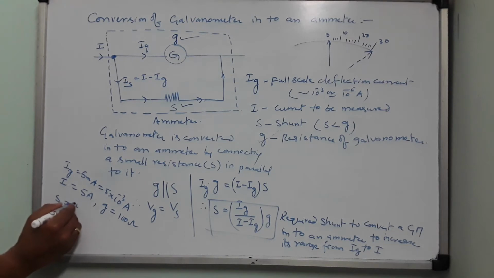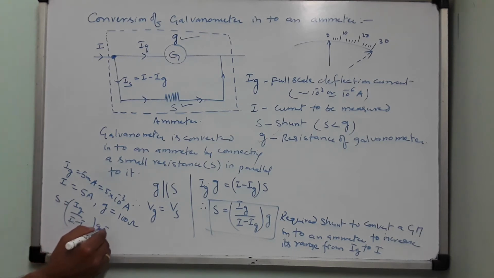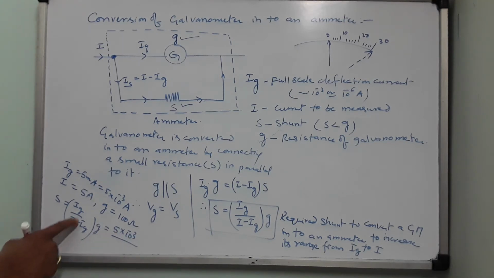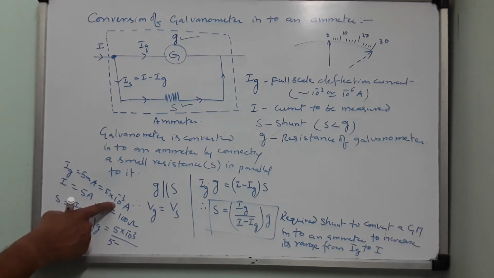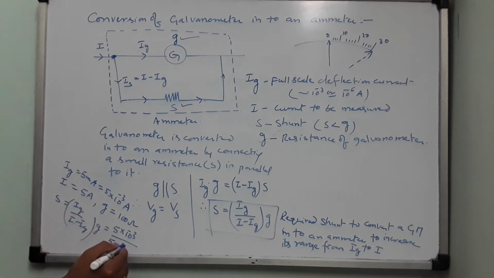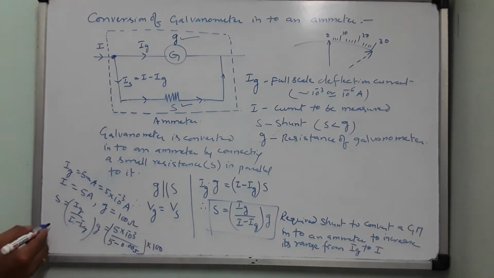S equals Ig by I minus Ig, whole multiplied by G. Ig is 5 into 10 power minus 3 ampere, divided by I minus Ig, 5 ampere minus 5 into 10 power minus 3, that is 0.005. This entire thing is to be multiplied with 100. See children, how much will you get?